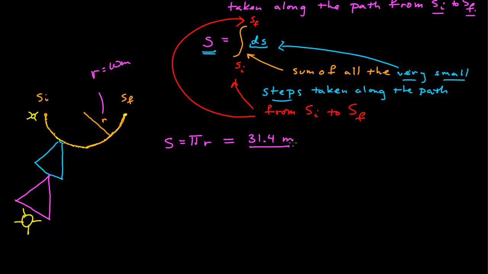And so let's take a look at this. Again, the distance here is the total length traveled, which in this case was solved by looking at the nanobot taking very small steps, each of length ds, and then summing them all up, which is what that notation means, and then it went from some initial position to some final position.